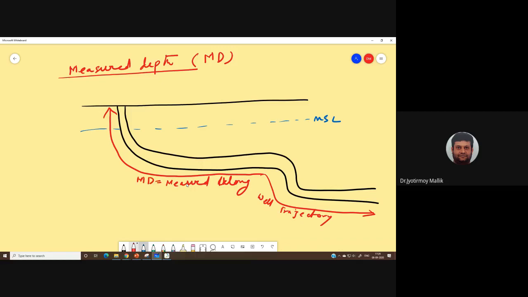And of course, then my true vertical depth is this, and TVDSS is this.